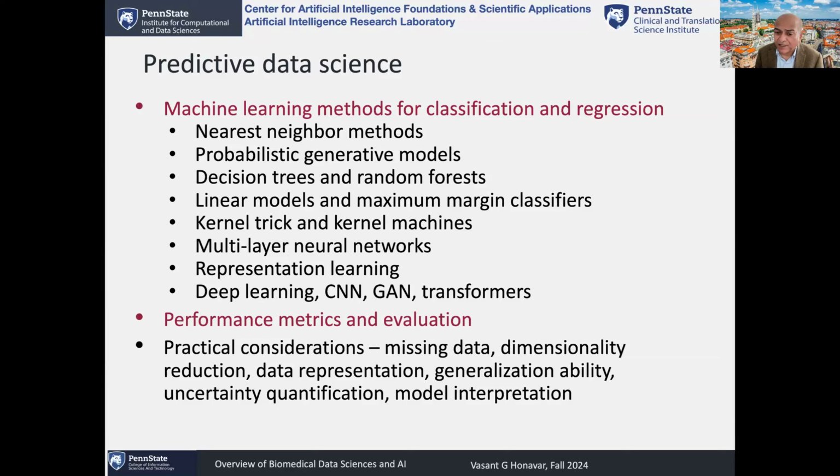And then there are many practical considerations, like missing data. For example, when you look at electronic health records data, there are tens of thousands of variables. The majority of them are missing from any given visit, so only a handful of them are recorded. But the missing variables are often not missing at random. There is usually a mechanism behind missingness.